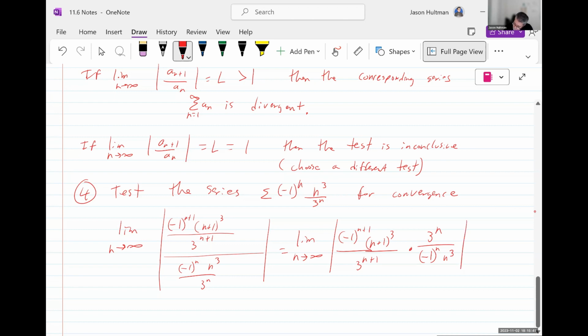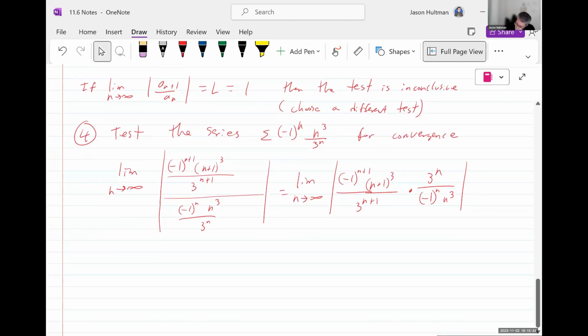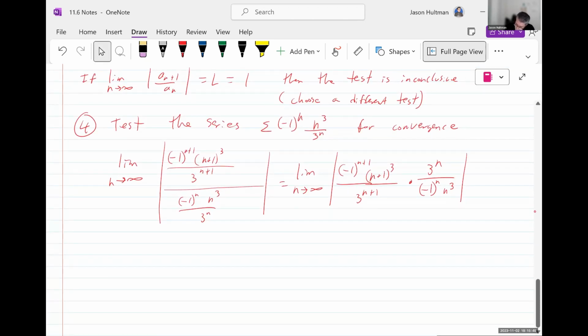Now let's simplify this. So this becomes the limit as n goes to infinity of (-1)^n and (-1)^(n+1) just gives me negative 1. 3 to the nth over 3 to the n plus 1 just gives me 3.